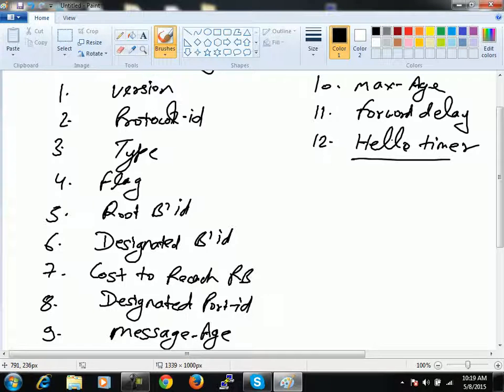So these 12 fields are available. These 12 components will be contained in the configuration BPDU. Here remember, in STP, the version field will always contain 0, and the protocol ID will also contain 0 in STP.